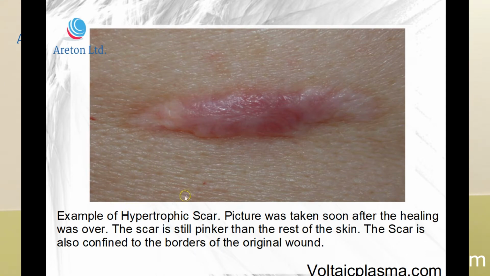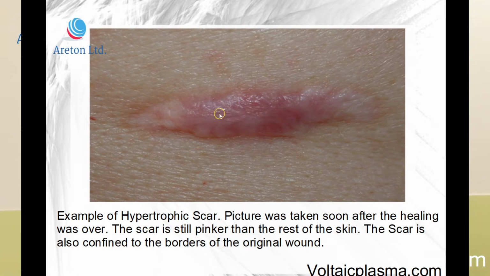This is an example of a hypertrophic scar. The reason why it is easily recognized is that if you look at the color, it's quite pinkish, it's a very fresh scar, and it is still within the border of its injury, so it's very recognizable as a hypertrophic scar.